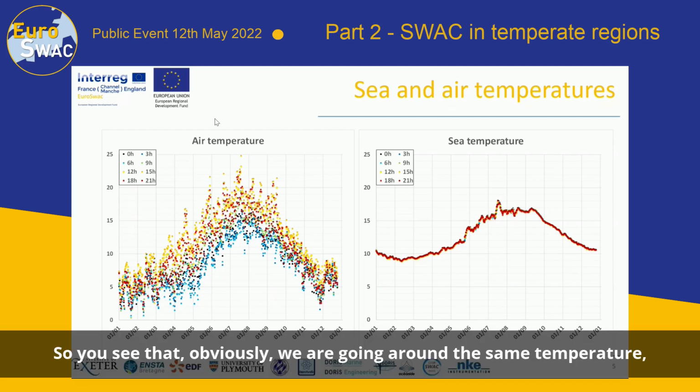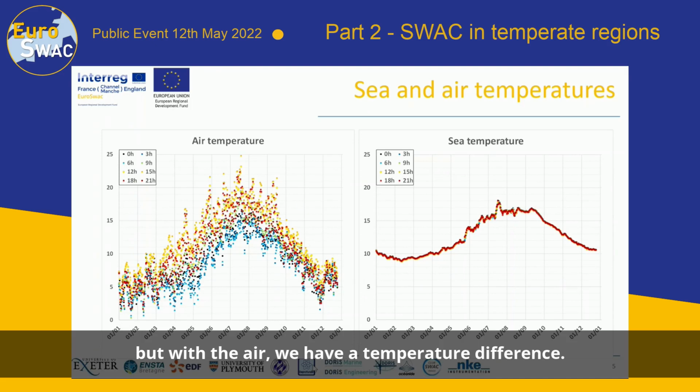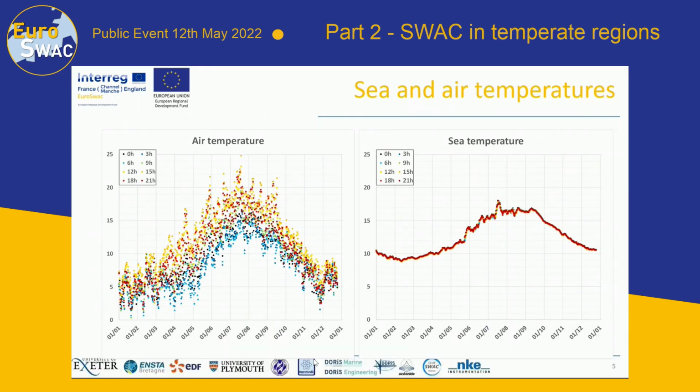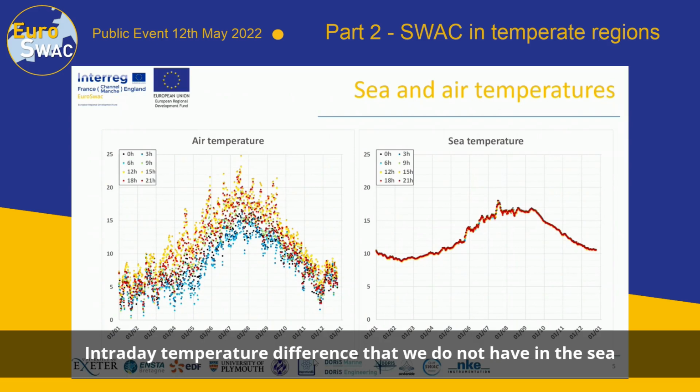So you see that obviously we are going around the same temperature, but with the air we have an intraday temperature difference that we do not have in the sea.